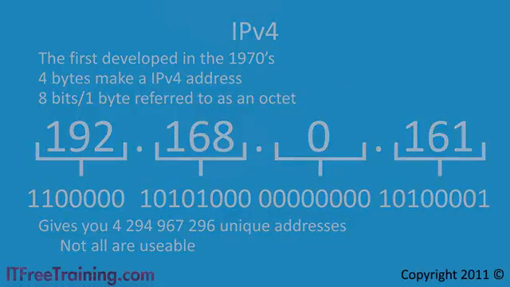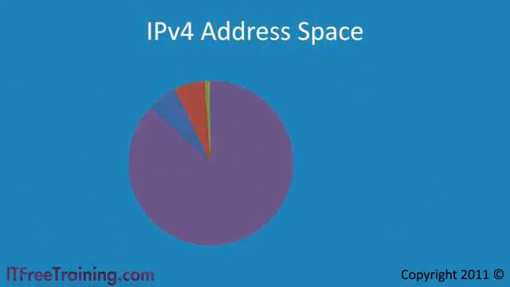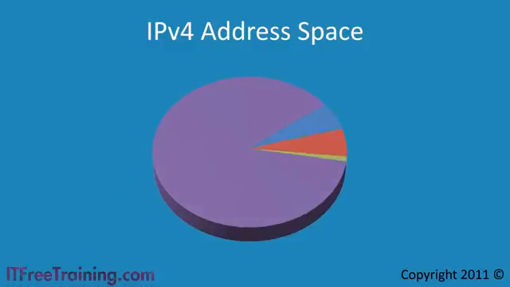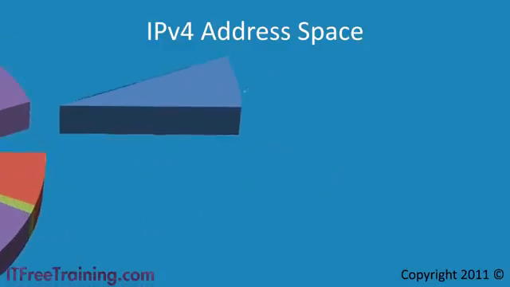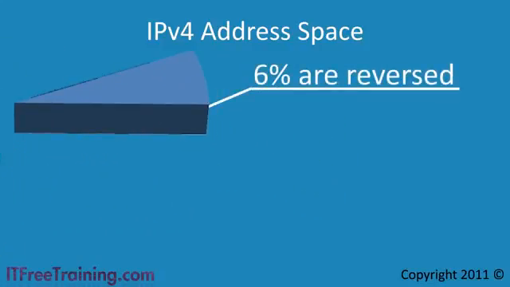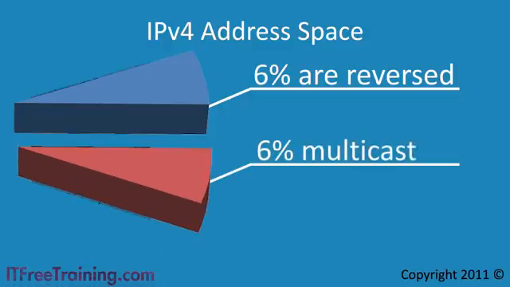If you look at the IPv4 address space as a piece of pie, out of this pie, 6% is reserved. Maybe one day these IP addresses may be usable, but at present, with the design of IPv4, they are not. Next, there are multicast addresses. These addresses take up another 6%. Multicast addresses perform an important role in IP networks.